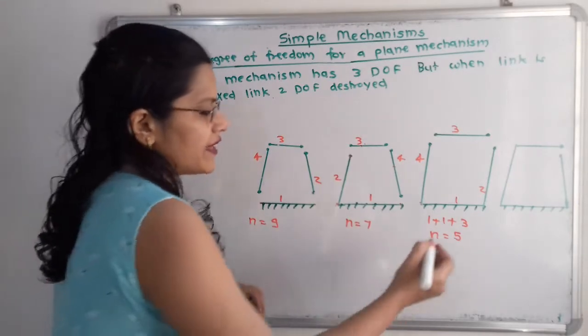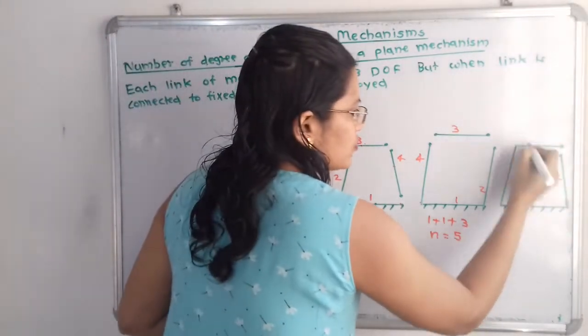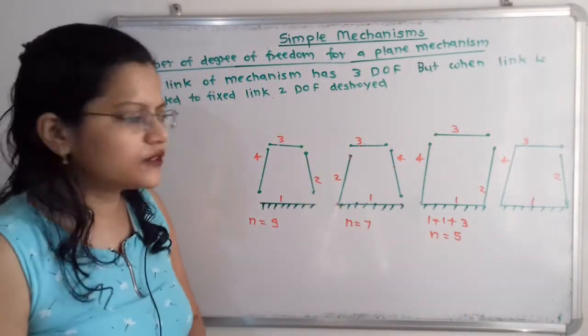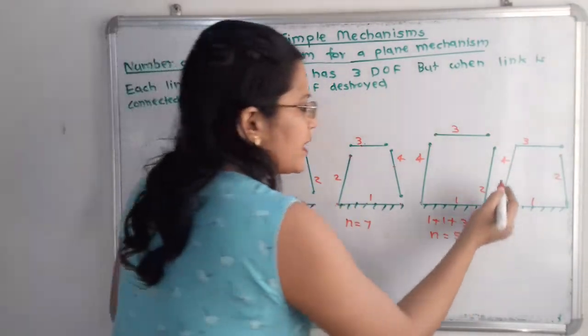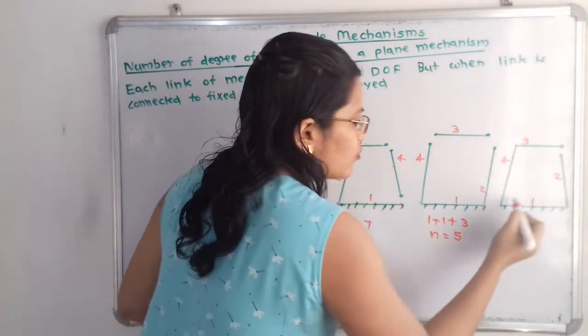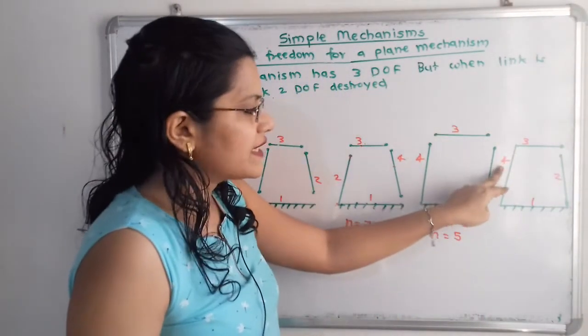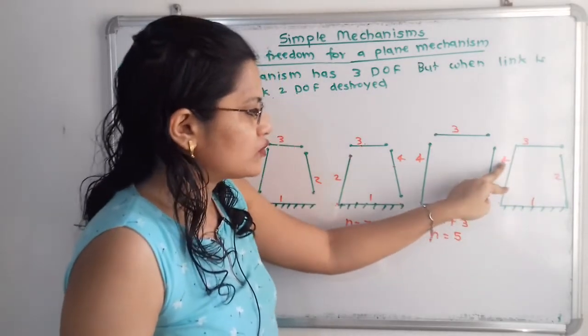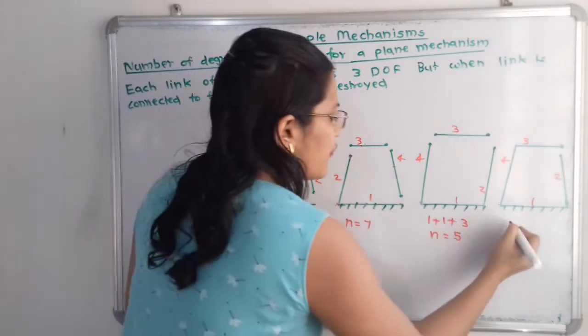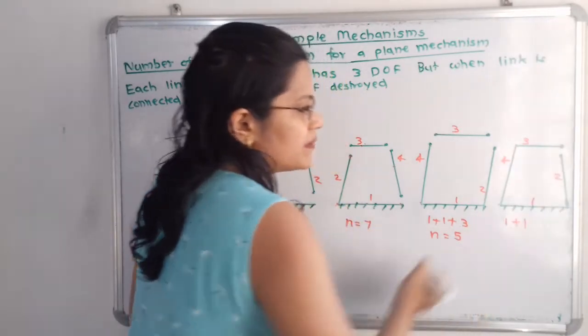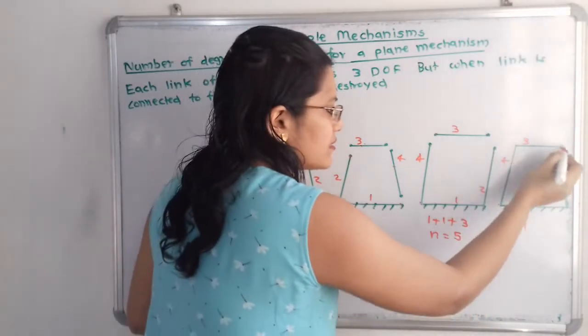Now in the same way, 1, 2, 3 and 4. Now again if we observe this diagram, link 4 and link 2 are connected to the fixed link. So out of 3, 2 are getting destroyed. So for 4, the remaining degree of freedom is 1. For link 2, the remaining degree of freedom is 1. And what about link 3?